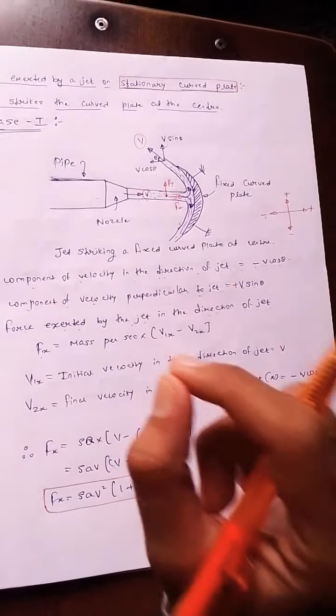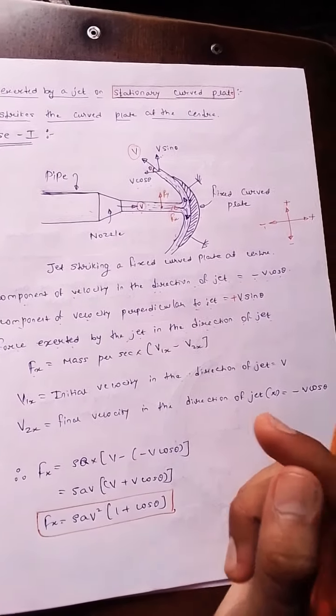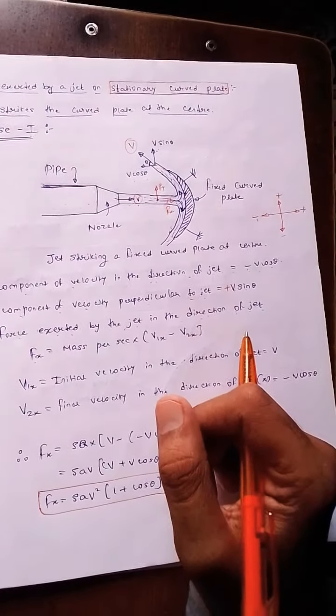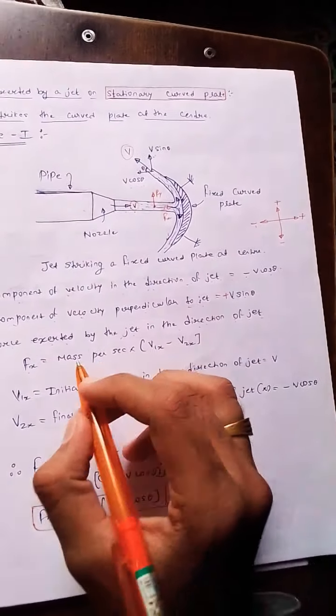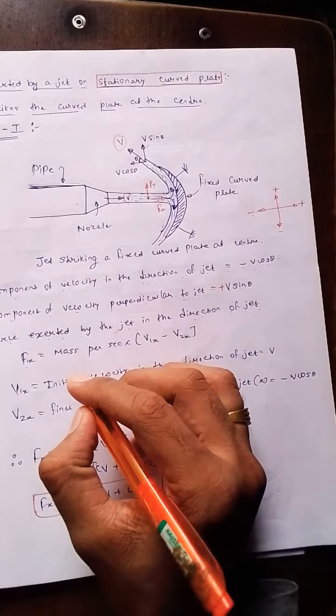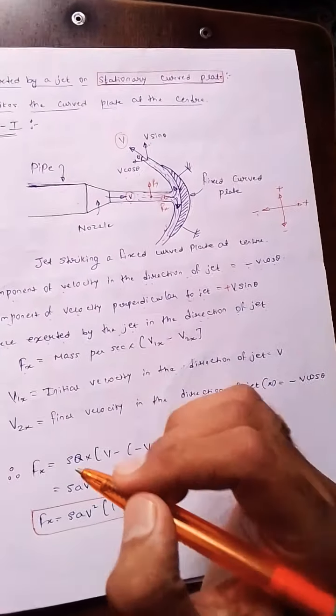In the next step we write it as initial momentum minus final momentum divided by time, that is, mass into initial velocity minus mass into final velocity divided by time.